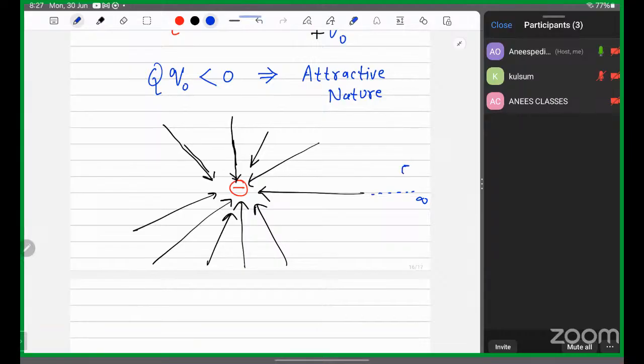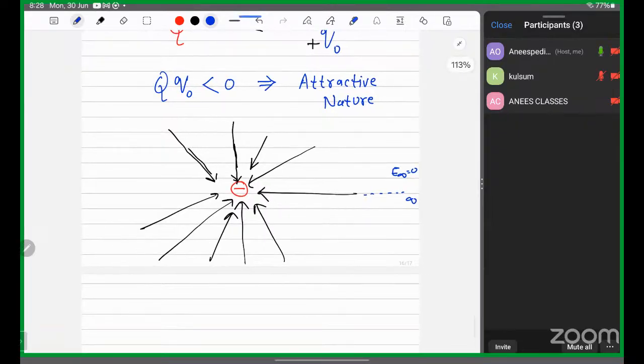Again, at E infinity, the value will be zero, which means infinity is a point, or infinity is a position in 3D space where the effect of electric field due to any charge, whether it is with positive polarity or negative polarity, is going to be zero, or at least we can say it will be tending to zero. Understood? Understood?